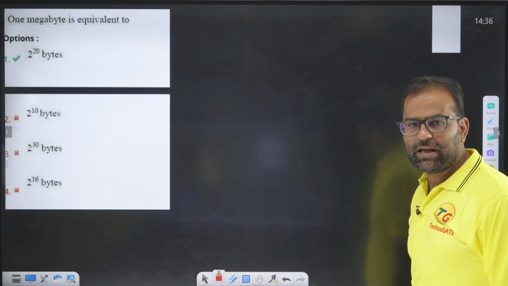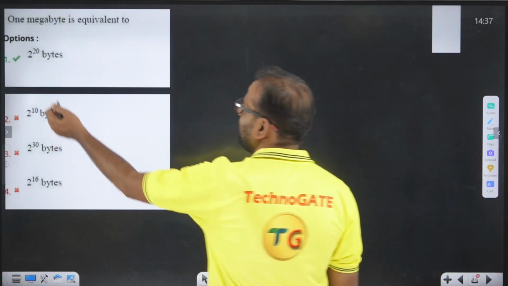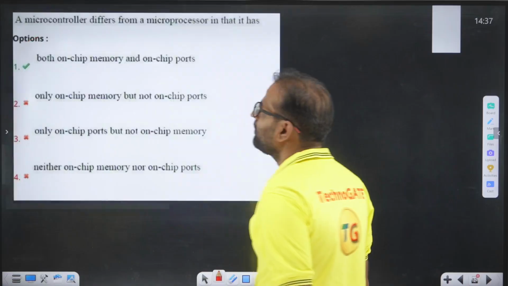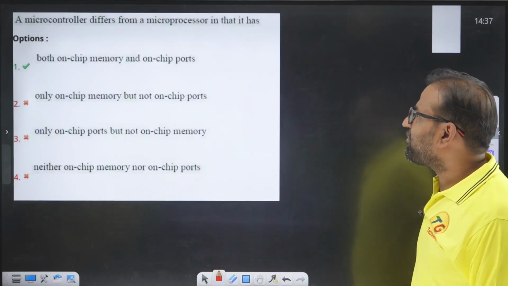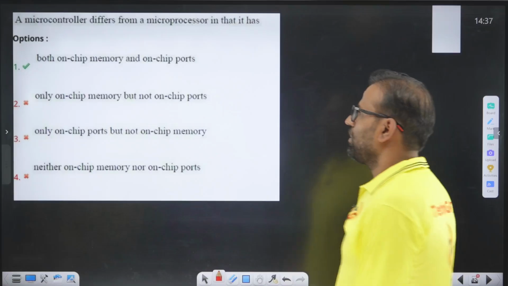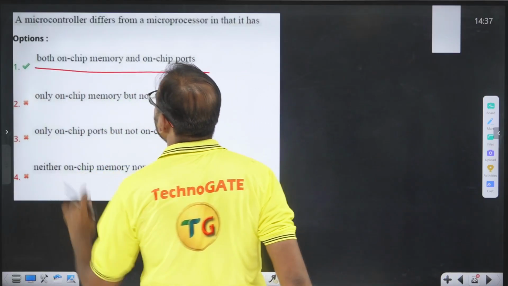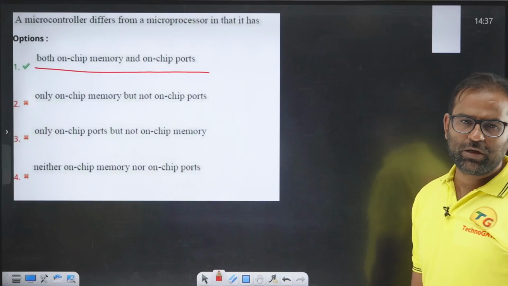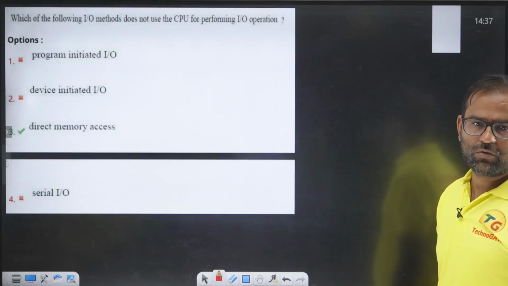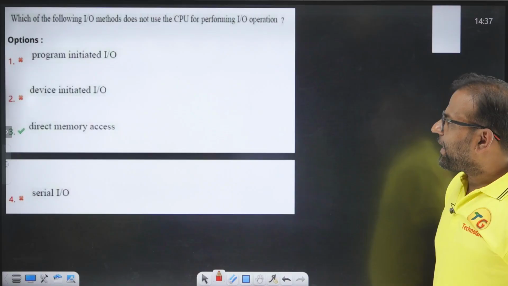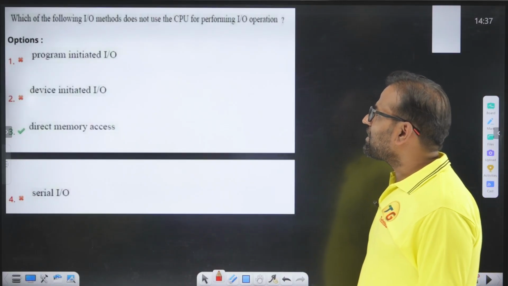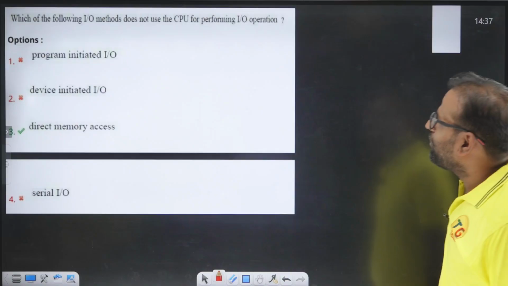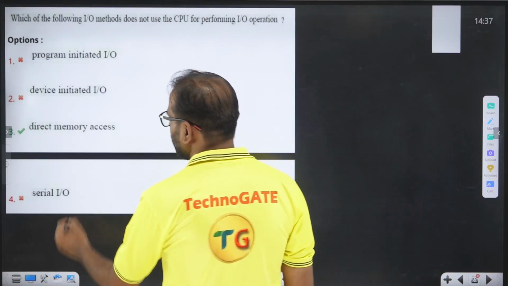Next, 1 megabyte is equivalent to theoretical. A microcontroller differs from a microprocessor on both levels, on-chip memory and on-chip ports also. Okay, which of the following input methods does not use the CPU for performing input-output operation?